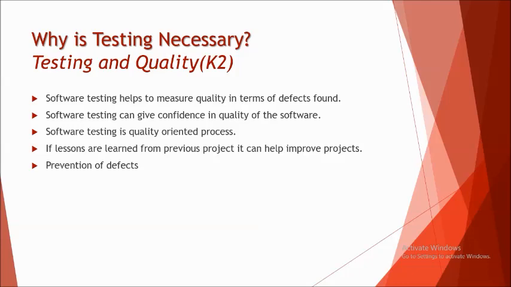All those experiences put together are called lessons learned, and they will definitely help improve your upcoming or ongoing projects. As a result, it helps you prevent defects from being introduced into the system.